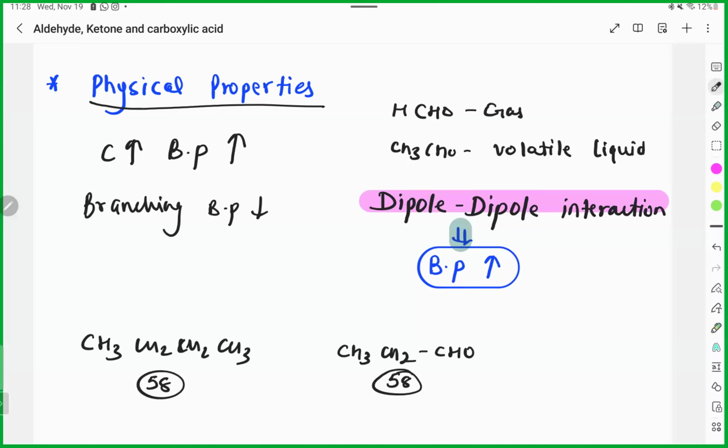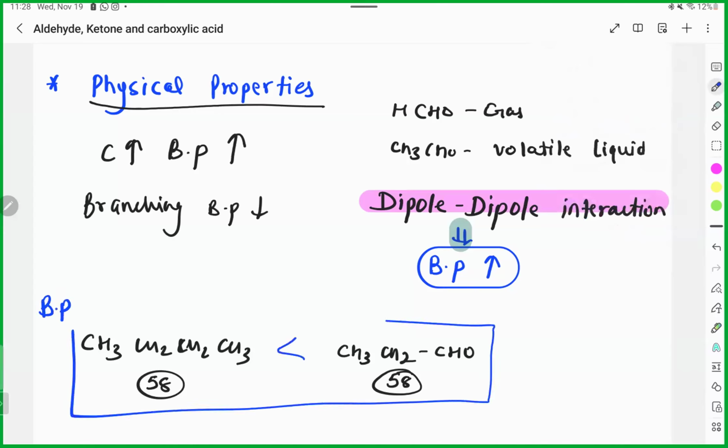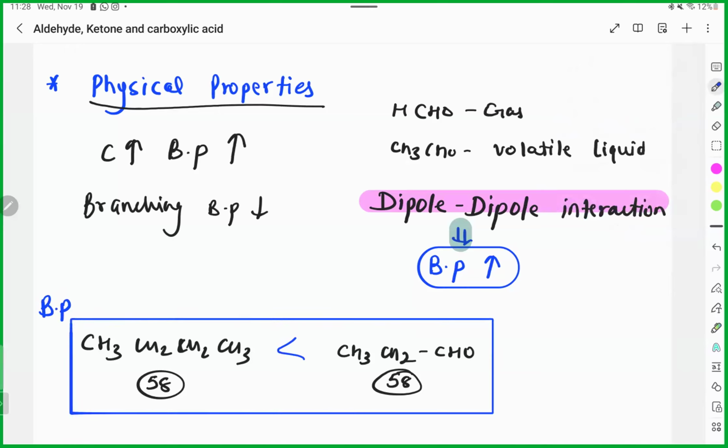Which will have more boiling point? The second one, aldehyde. Why? Dipole interaction. Now you understood the meaning of this statement. Even though the mass of this aldehyde is the same as the hydrocarbon, its boiling point is more. Why? Because of the dipole-dipole interaction. Got it?